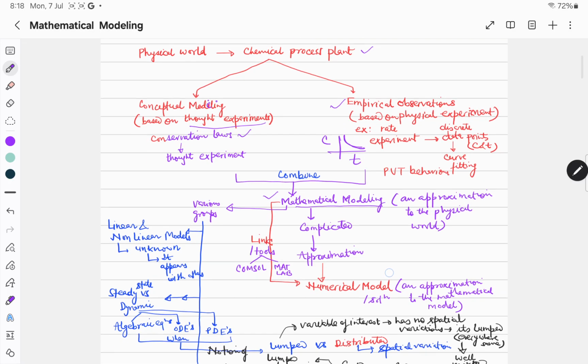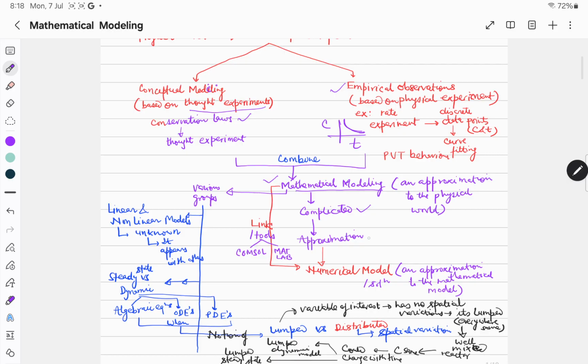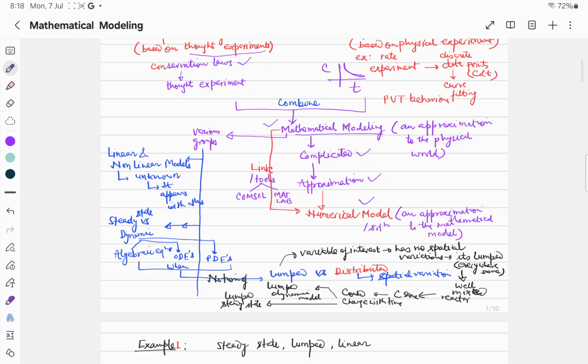Now this is also complicated, so you will approximate this mathematical model further and get the numerical model that you can solve on the computer, right? The types of mathematical models can be divided into various groups, like linear and non-linear models. If between data points you get a linear line, then it is linear, otherwise non-linear.